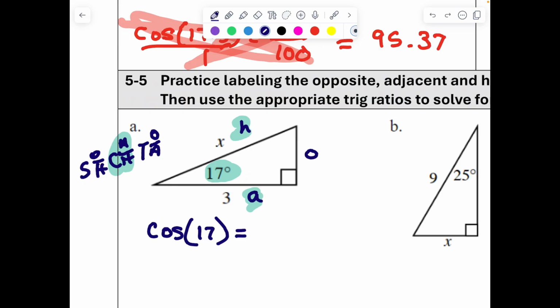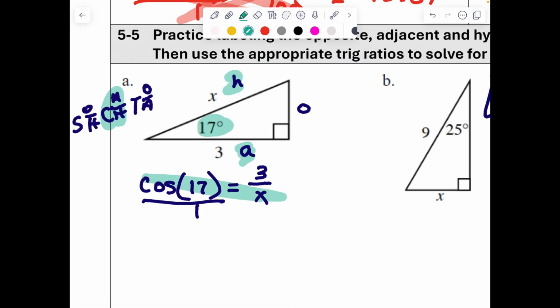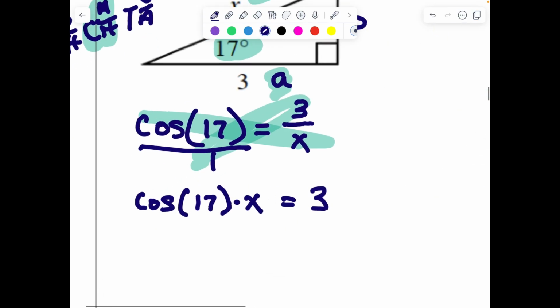The adjacent side is on top. So that's going to be 3 over x. Then I need to cross multiply. So cosine of 17x equals 3.